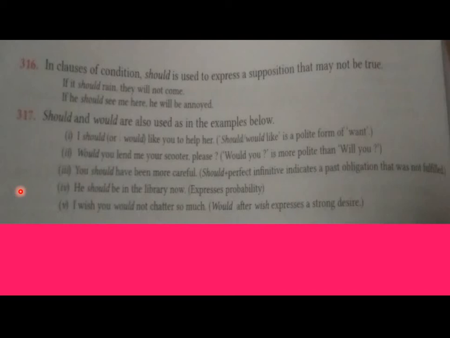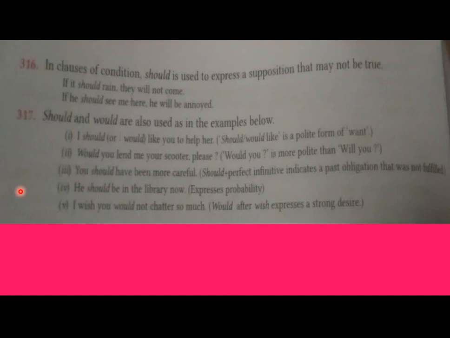Should and would are also used as in the examples below. I should or I would like to help her. Would you lend me a scooter, please? Would you is more polite than will you. You should have been more careful.